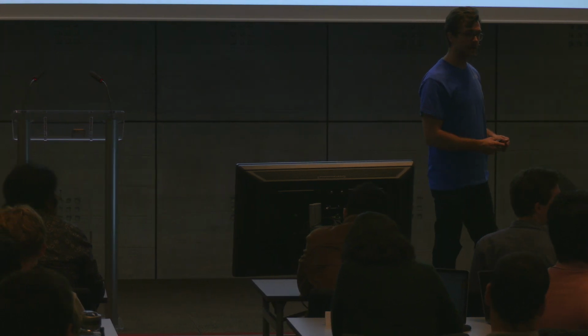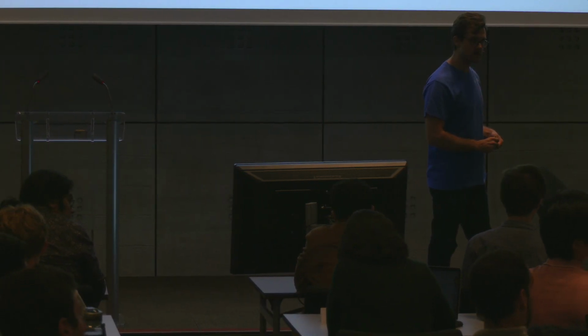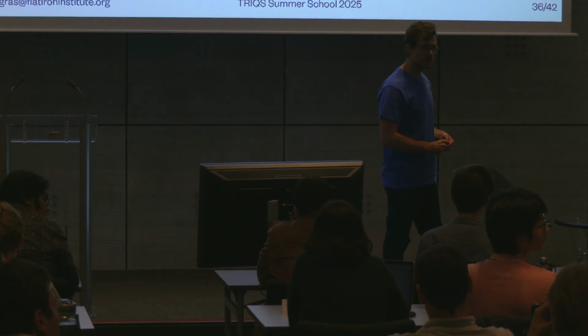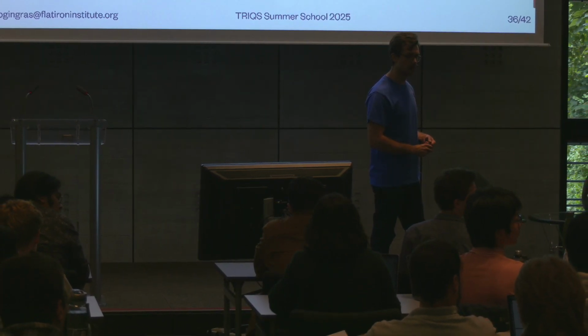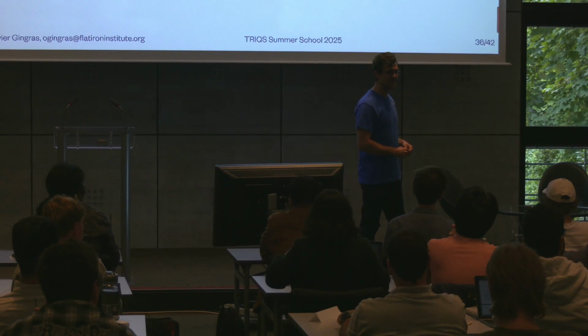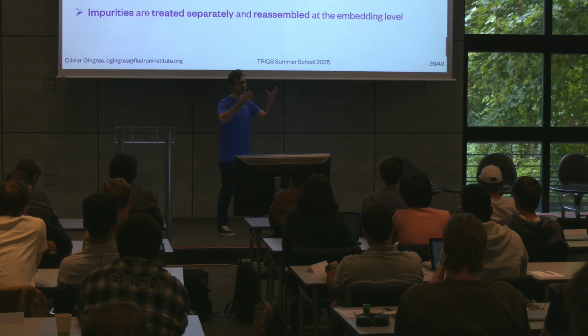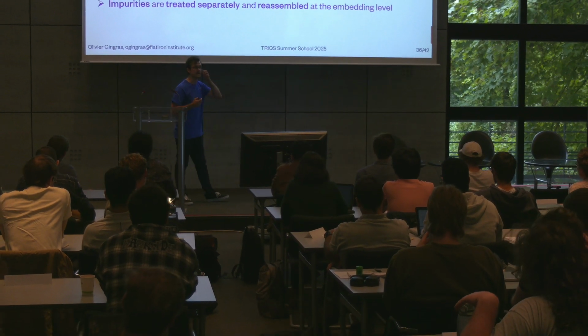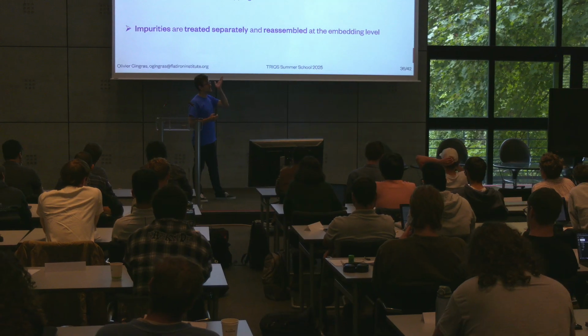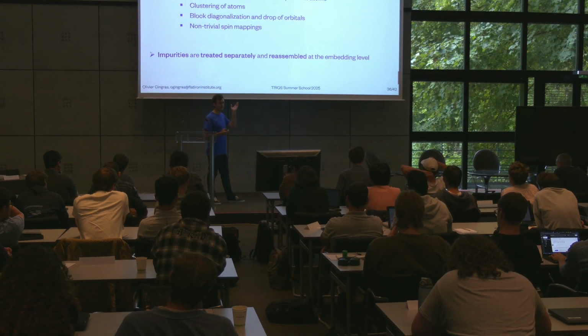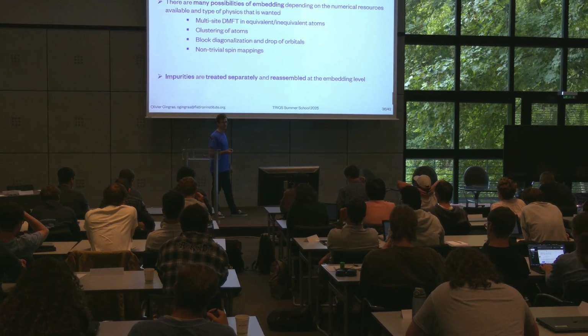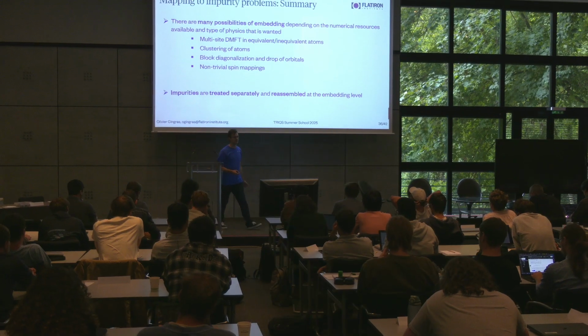The problems that DFT can handle, but DMFT cannot, is your question? Well, big systems, yeah. As soon as you go big in size, if you want to do silicon, a defect in silicon, right? Maybe you cannot do that with DMFT easily, for example.